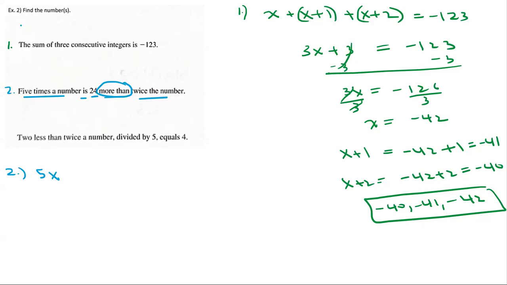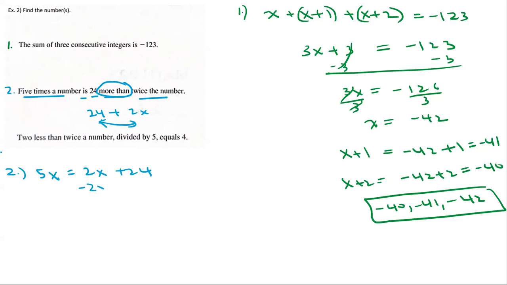So this is literally saying 24 plus 2x, but we have to flip these because it says more than. So 5x is going to be 2x plus 24. 24 more than twice the number. So that's the equation for the second one.